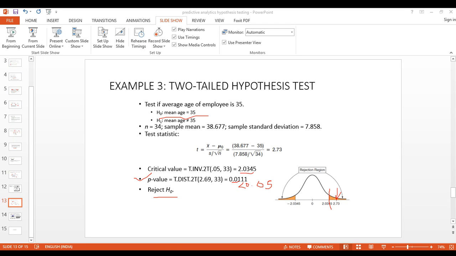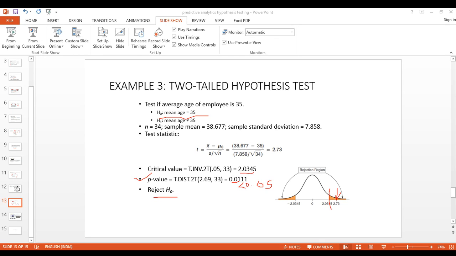And we go to Data Analysis. People who don't know how to get this data analysis icon here, you can go to File, Options, and within the add-ins in Microsoft Excel, you have the Analysis ToolPak option available. You select it and click OK.